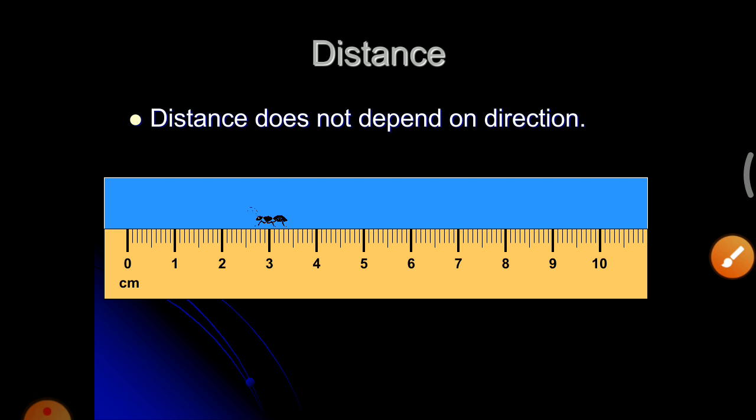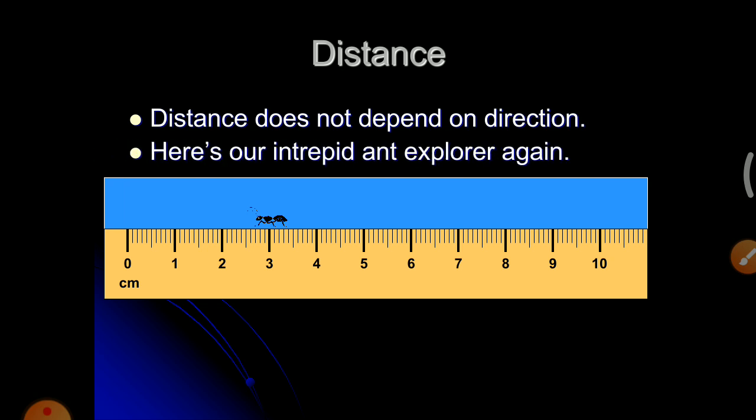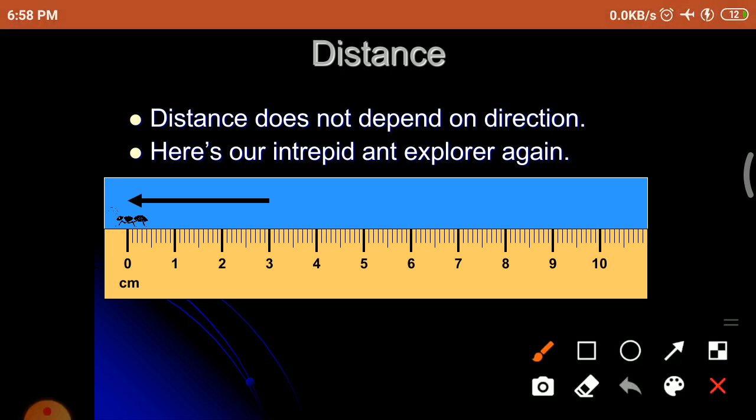The next one, how do I say that distance does not depend on direction? Here's our intrepid ant explorer again. See here. Now the ant travels from 3 to 0.